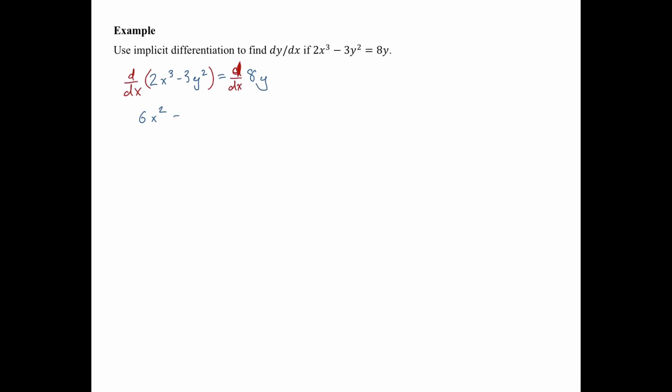We'll have 3, that's the constant multiple, so that'll come down. But I'm going to take the derivative of y squared exactly the same way that I would take it if it were x squared. So it would be 2 times y, reduce the power by 1, so just 2y. But now I'm going to multiply it by y prime.